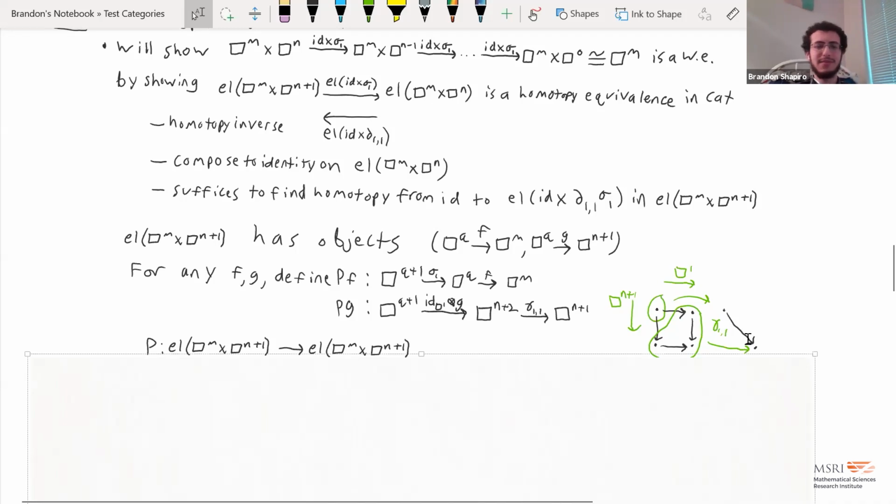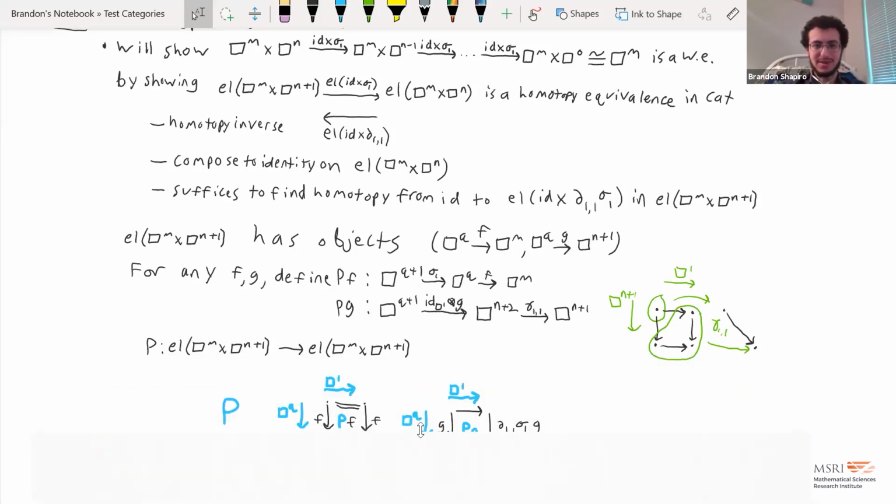And then on the other side, the target copy of delta n+1 is sent to what looks like a point, but what is actually going to correspond to where we want this homotopy to go.